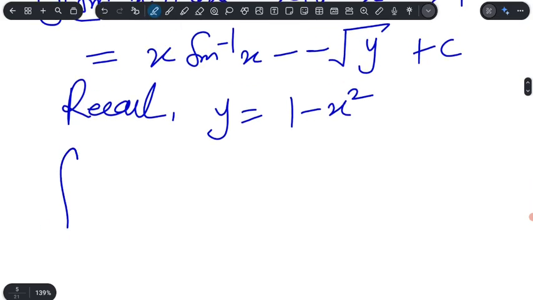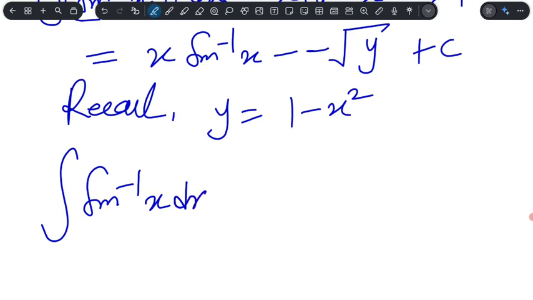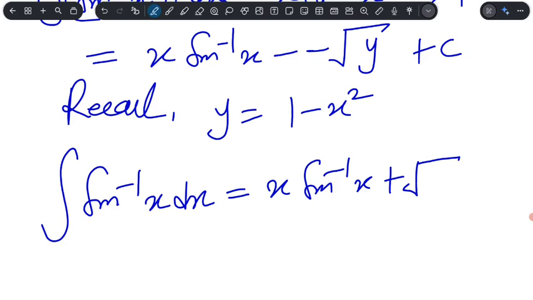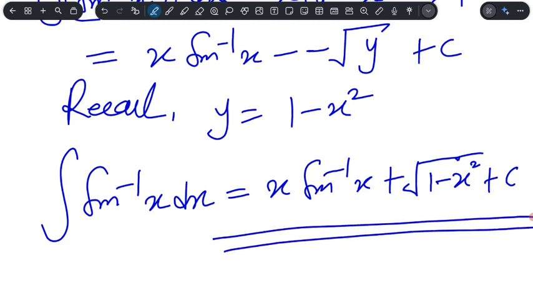Therefore, the integral of arc sine x dx is equal to x arc sine x, minus times minus, plus the square root of y, and our y is 1 minus x squared, plus c. So this is the final answer for the integral of arc sine x.